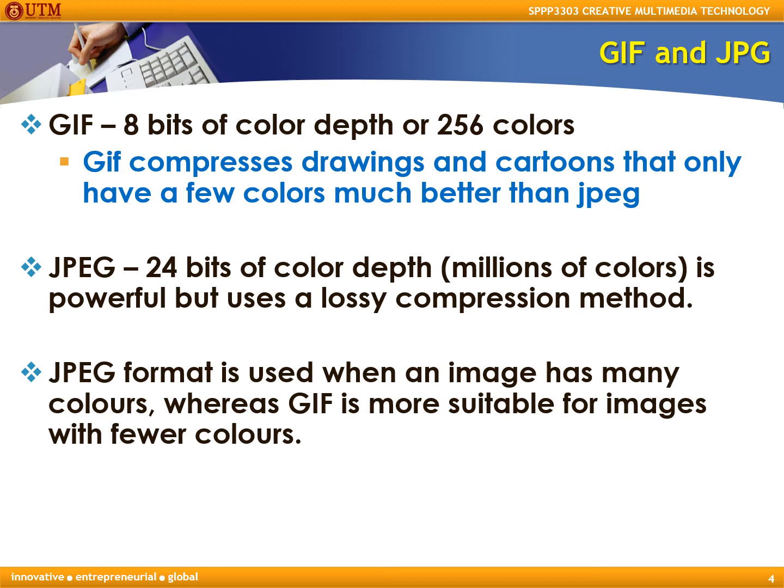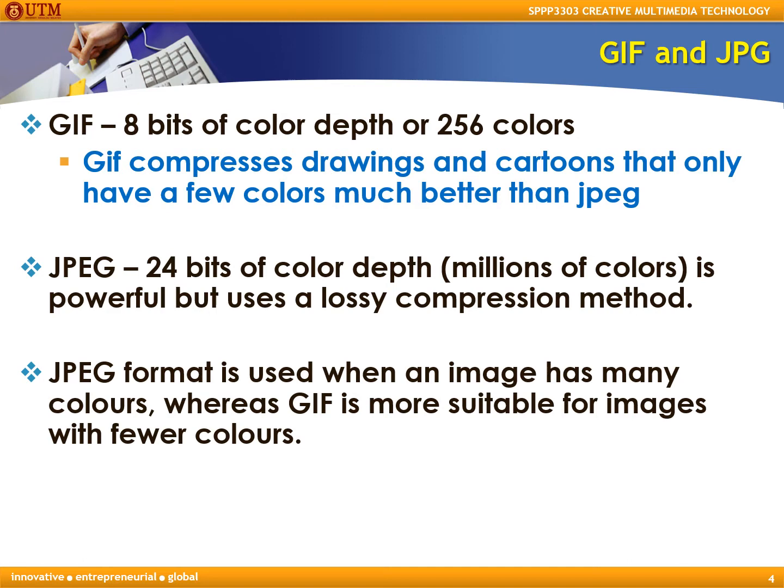And then we have JPEG, as I mentioned. This is the most commonly used format when we talk about images and graphics. This one has 24 bits, which means millions of colors, as we discussed in the previous part of these slides.